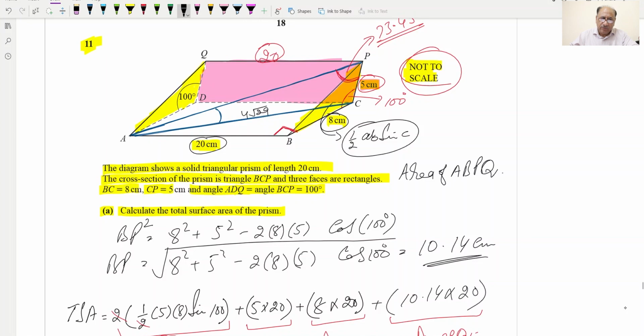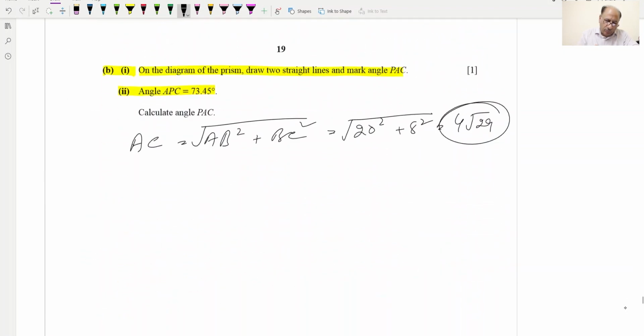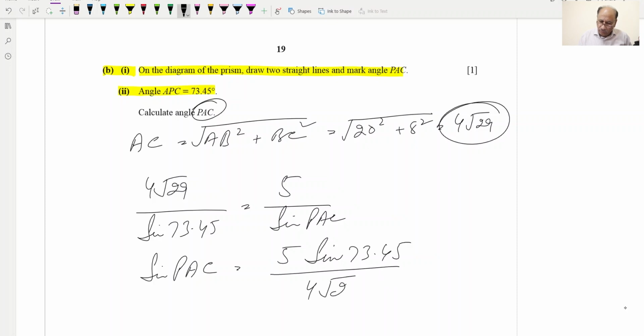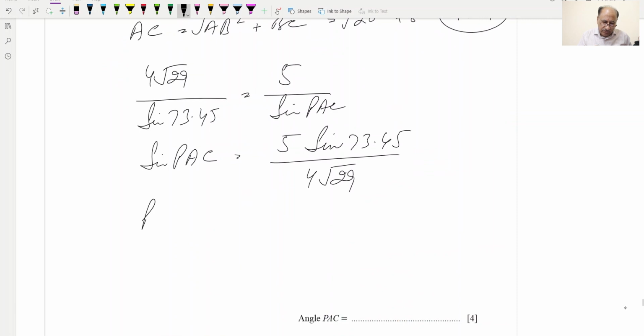Opposite to angle A is 5 centimeters, and we write 4 root of 29 over sine of 73.45, which is equal to 5 over sine of PAC. So sine of PAC will be 5 sine of 73.45 divided by 4 root of 29. Angle PAC will be equal to sine inverse of 5 sine of 73.45 divided by 4 root of 29.